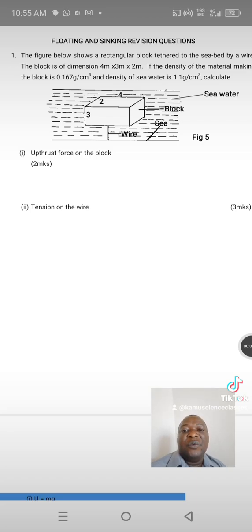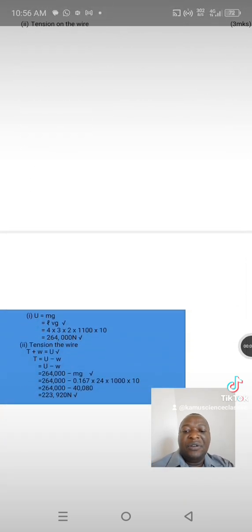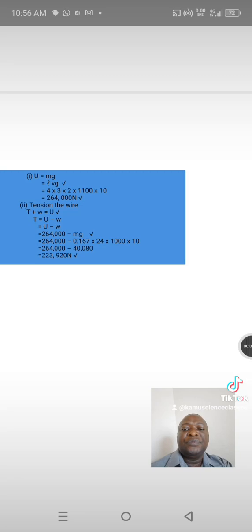Now the question is, how do we then find the tension? We say that T plus W is equal to U. Therefore, it means that T is equal to U minus W, as we can see in the solution below for part (ii). Now, our upthrust was 264,000, then we are saying minus the weight, which is mg.